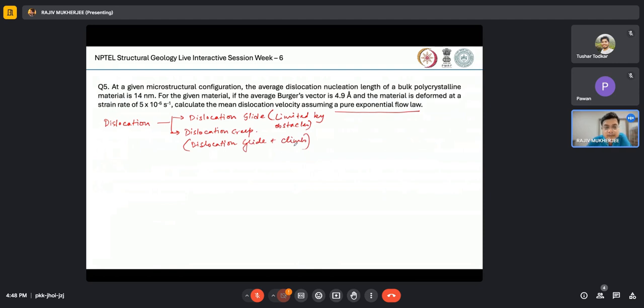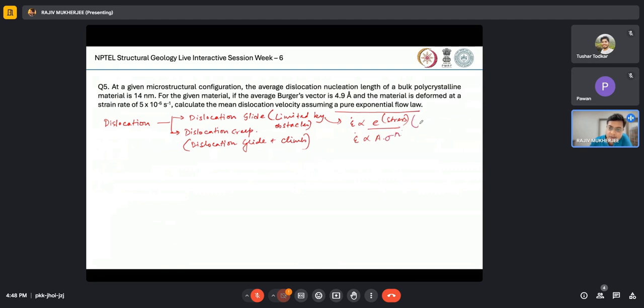Now, what are their mathematical expressions? For dislocation glide, we get strain rate as a function of e to the power stress, in exponential form. But for dislocation creep, we get A times sigma to the power n.